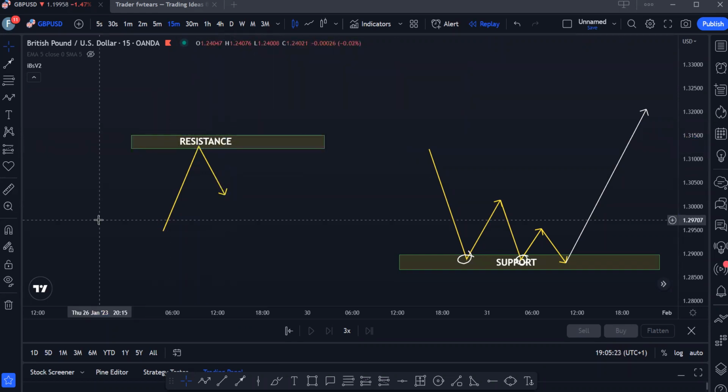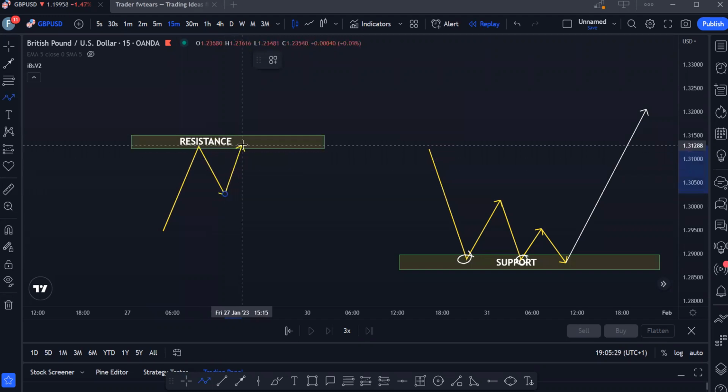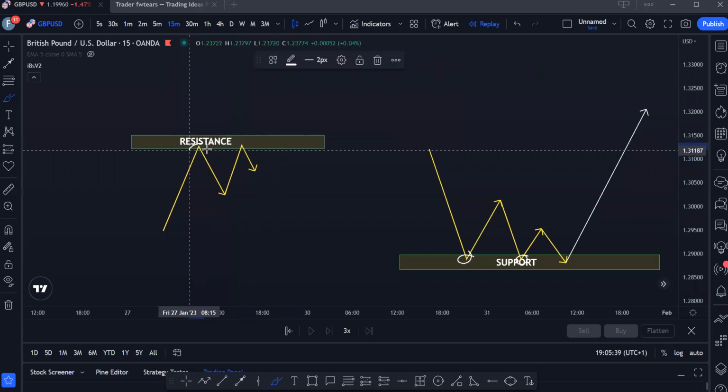You are looking for at least two touches. So if price goes back up and the resistance also acts as resistance and it pushes, there's a reversal. Okay, that is your two touches. First touch, second touch. So that's a confirmation that this resistance is strong.